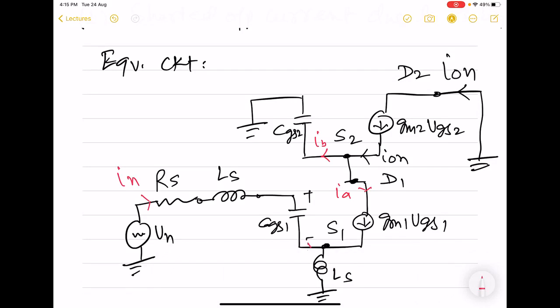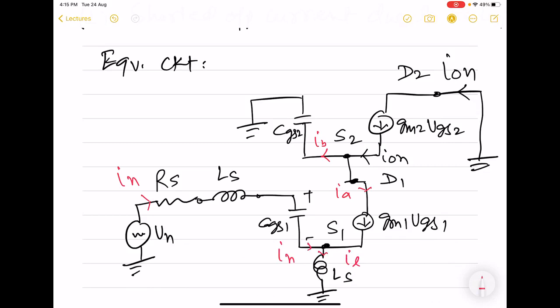And so here we have again IN, and then here we have IL, this current into the degenerated inductor. So now we are going to set up equations for solving for ION.